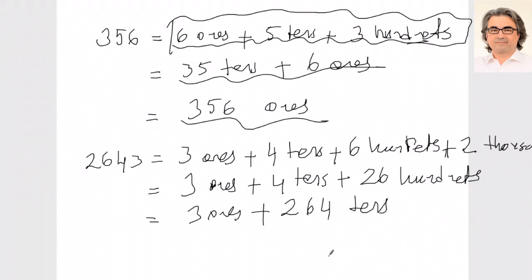If you multiply 264 with 10, you will get 2640. Or 2643 ones. May I write like this? Of course, but please concentrate on this type.